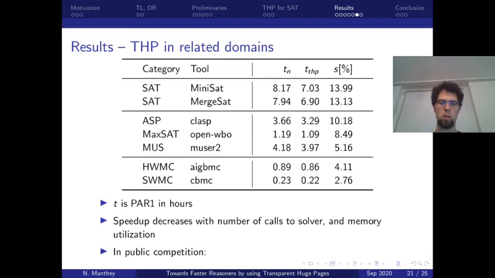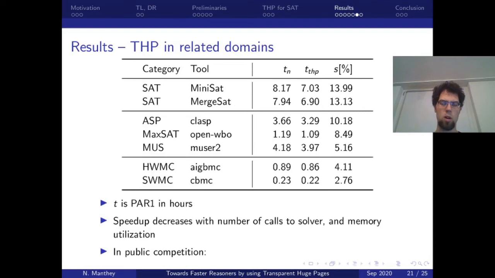For optimization problems, for example using the Open-WBO tool, we still get 8%.